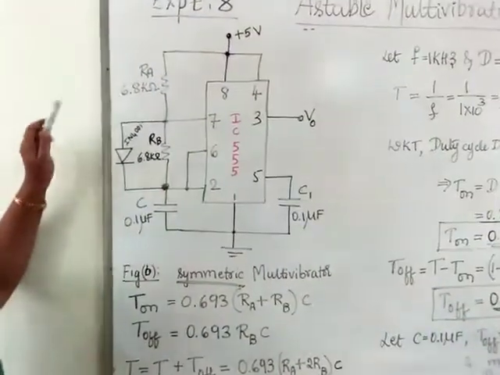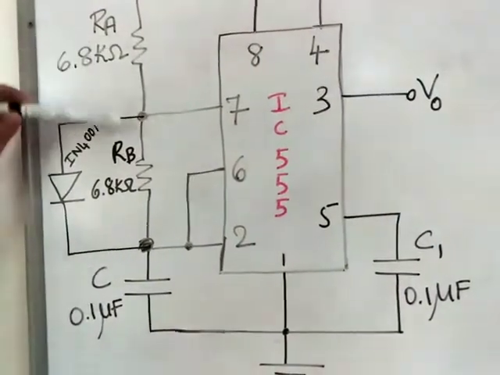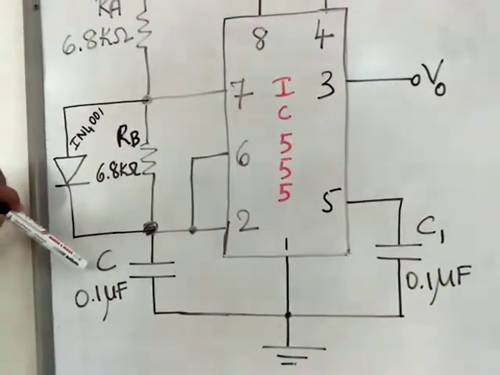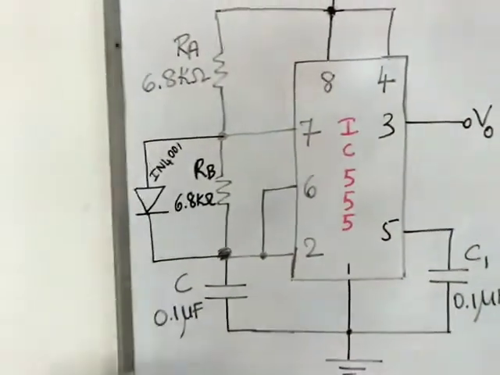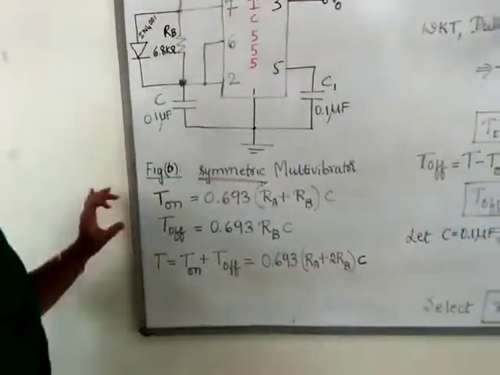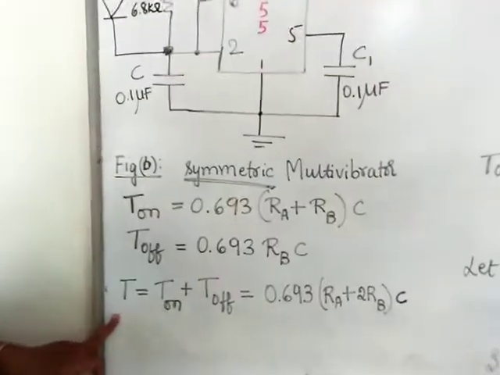So here T on and T off depend upon RA, RB and capacitance values. So we need to design the values of RA, RB and C, and already we know these equations, T on, T off and T.